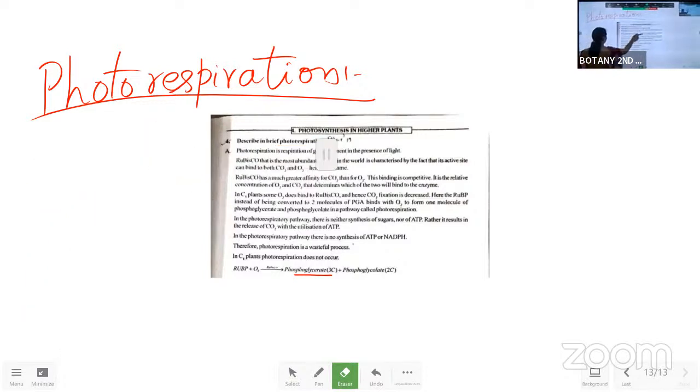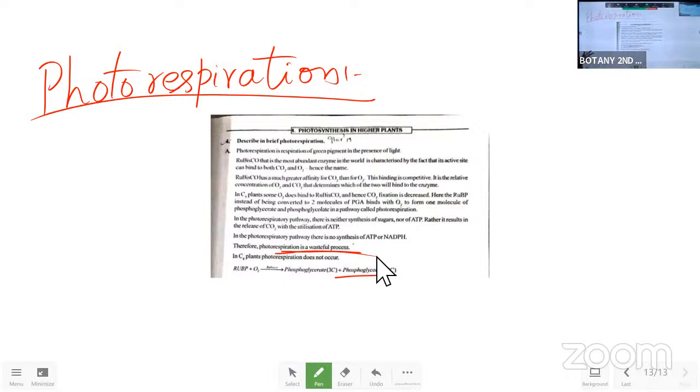During the daytime, the most important function it has to do is the formation of glucose molecules. But here, instead of that, it is making the phosphoglycolate, which goes into the peroxisomes and the mitochondria for the respiration process. So ATP consumption will be more over there. With this, the energy is completely consumed in the daytime instead of producing energy. So it is considered a wasteful process for the plant body during the daytime.